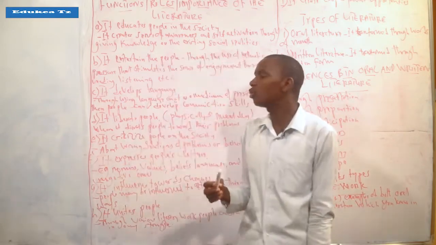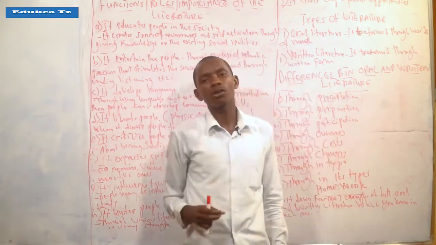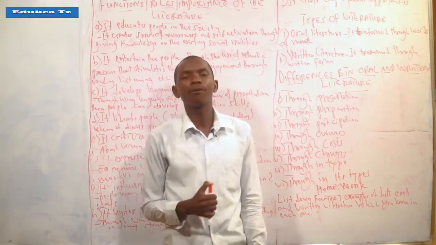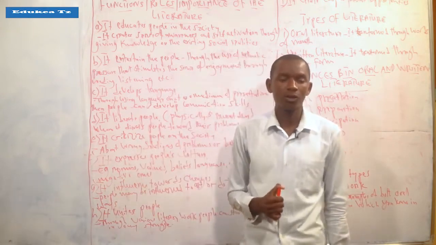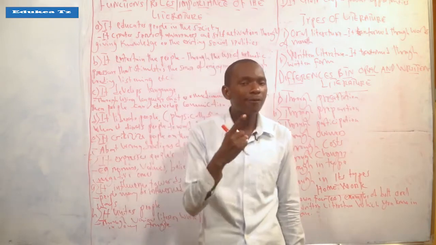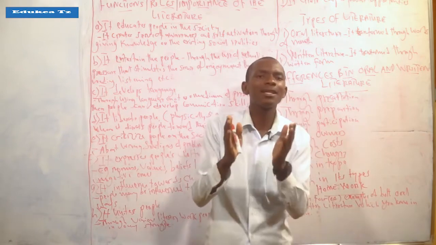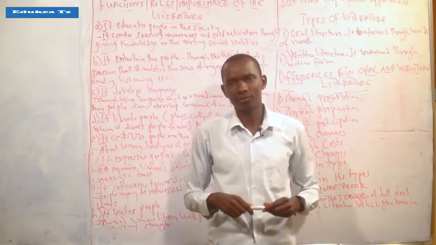So those which we are discussing are the functions, roles or importance of literature in our society. I want to say something on that: you have to take into consideration that literature has a great role in our society.